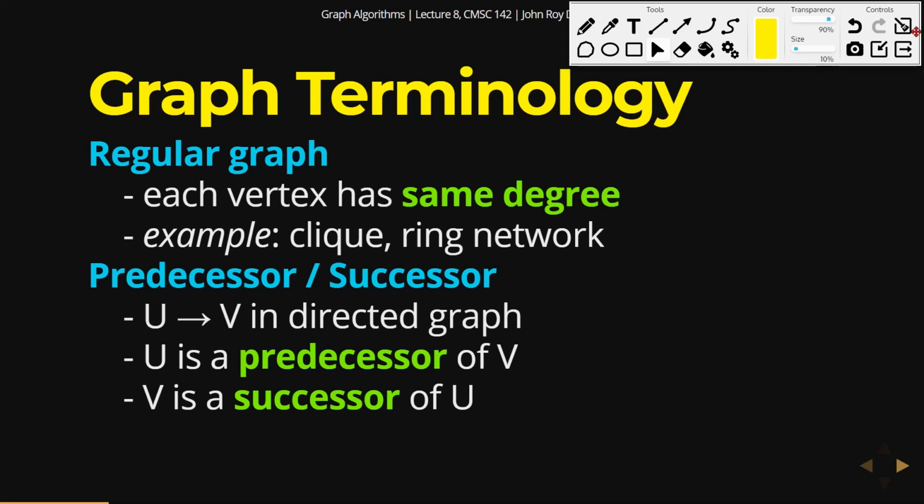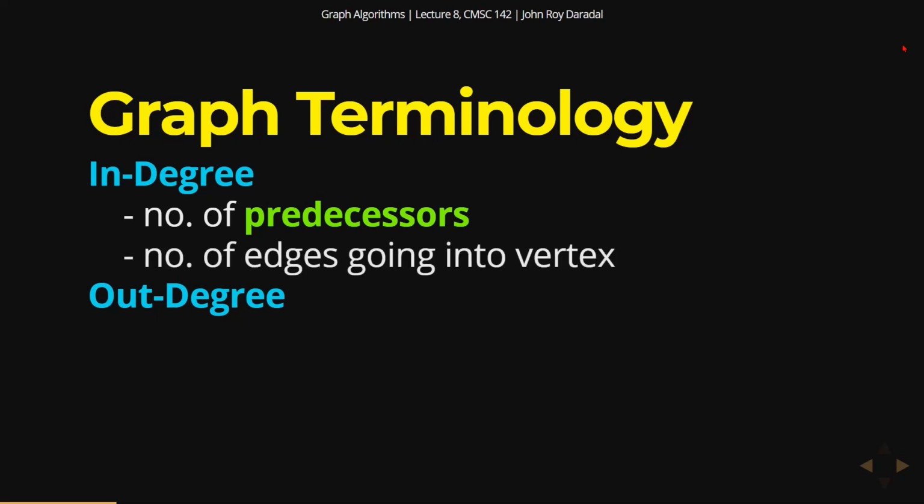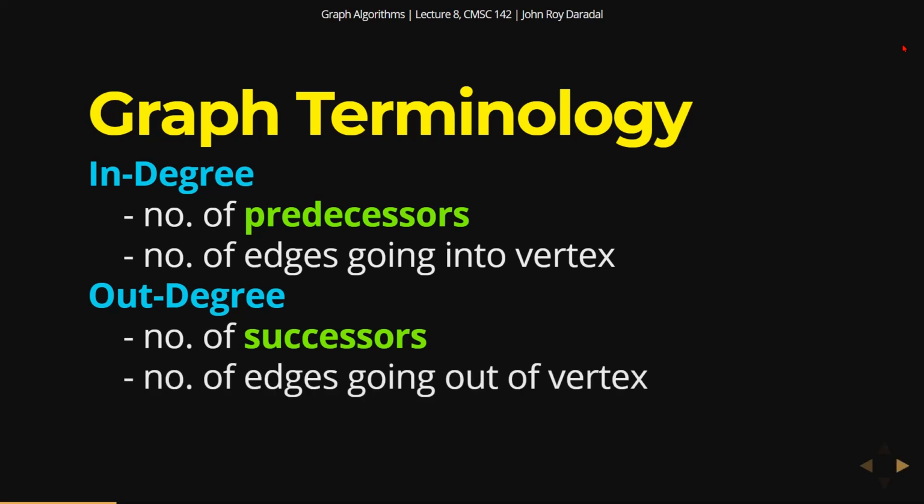Just some terminologies. Then we also have in degree and out degree. The in degree is just the number of predecessors, the number of edges going into the vertex. And the out degree is just the number of successors, or the number of edges going out of the vertex.